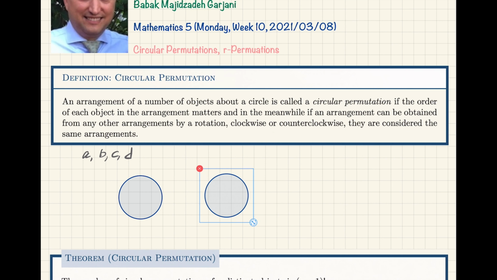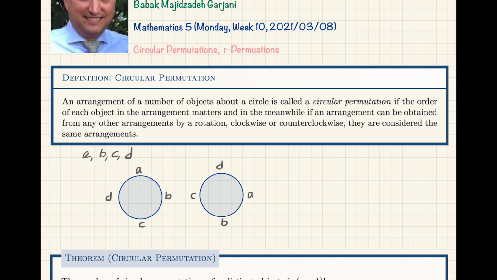One particular arrangement of these four objects around this circle, which could be imaginary, is to put A here, B here, C here, and D here. If I put A here, B here, C here, and D here, of course these are different.